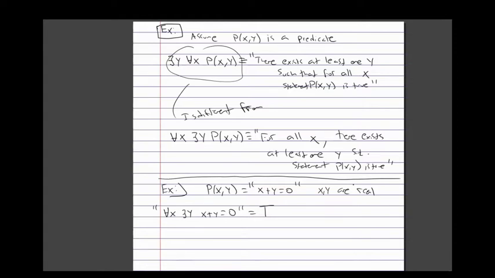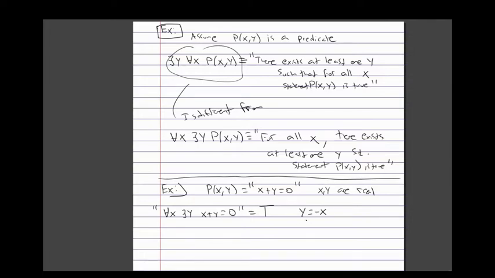If x and y are real numbers, it's a tautology, because what it's saying is that for every x I can find a y such that x plus y equals 0, and that y is exactly equal to negative x in the real numbers. The real numbers include the negative versions of the real numbers. So for any real number you choose, I can find its additive inverse.